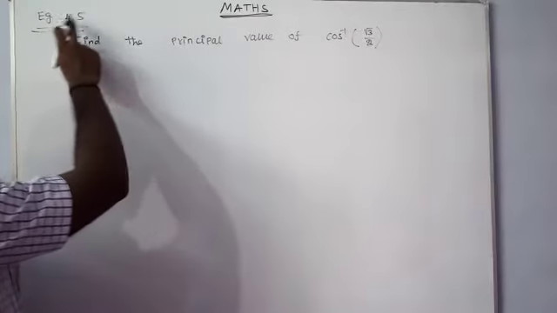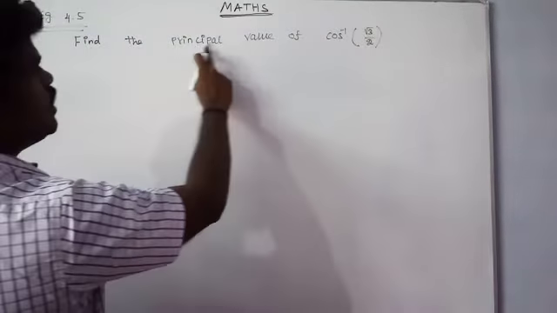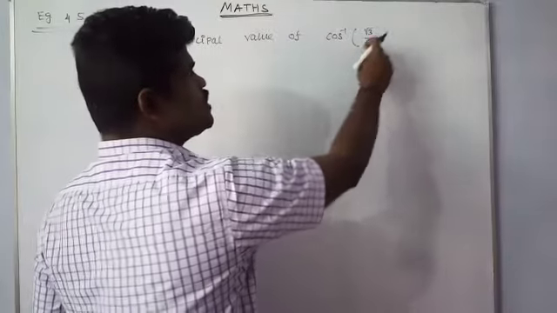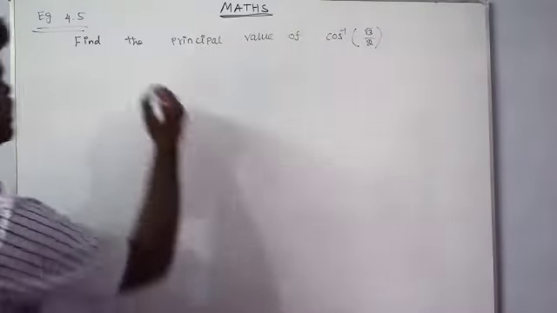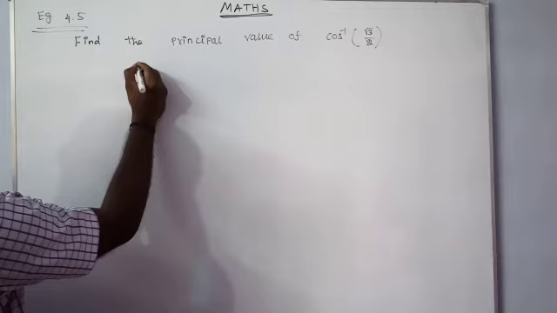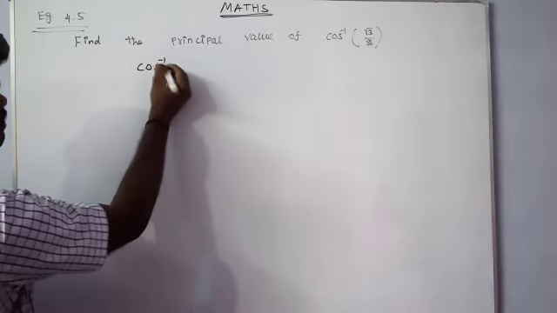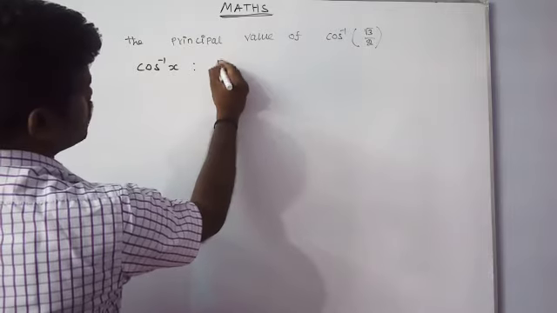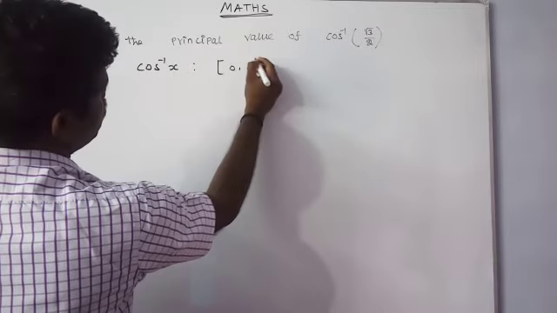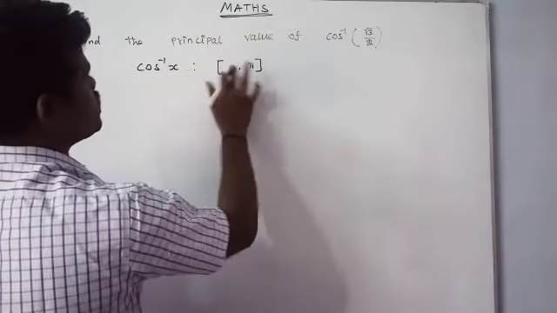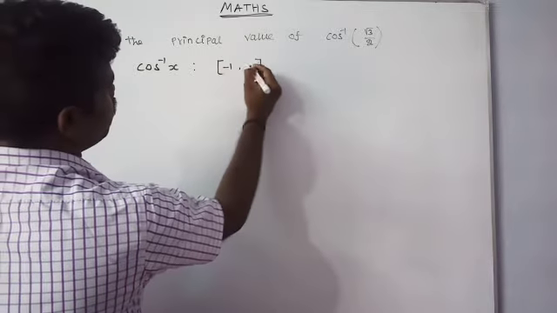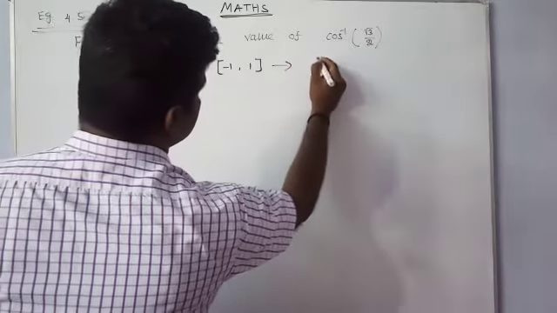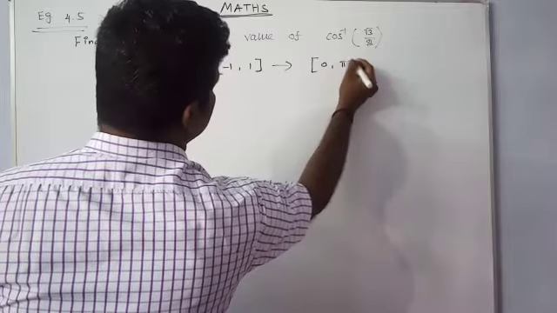And the next sum, example 4.5. Find the principal value of cos inverse of root 3 by 2. First of all, we want to know the domain of cos inverse x and range. Domain of cos inverse is minus 1 to plus 1, and range is 0 to pi.